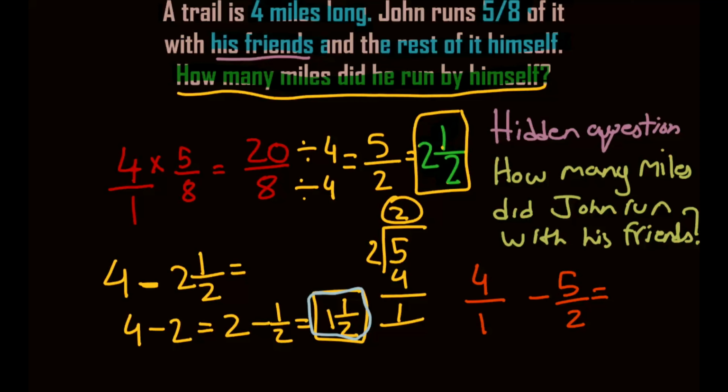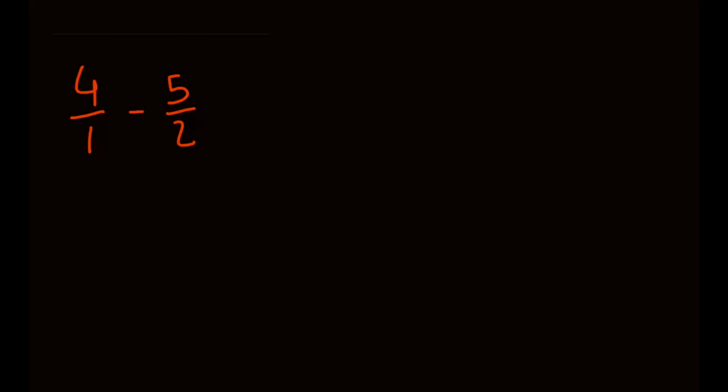First off, we need to find the common denominator. Obviously, the least common denominator would be 2, because 1 times 2 is 2, and 2 times 1 is 2. We need a lot more space for this, so let's go here. First off, our common denominators are going to be 2.